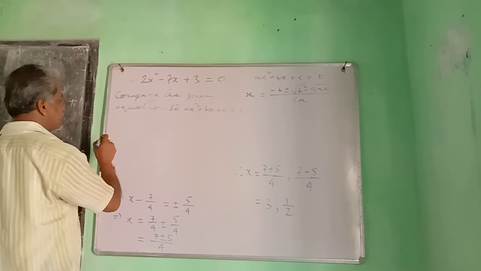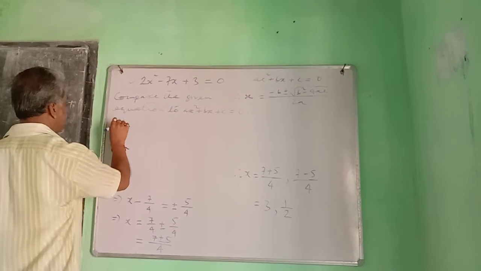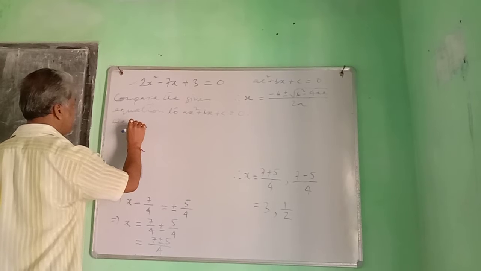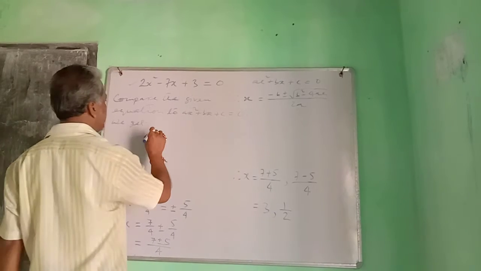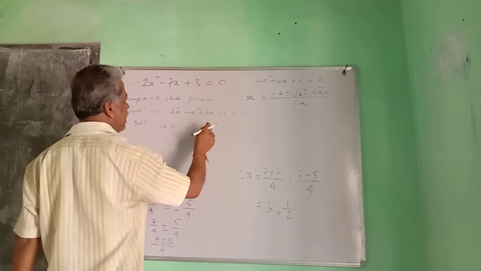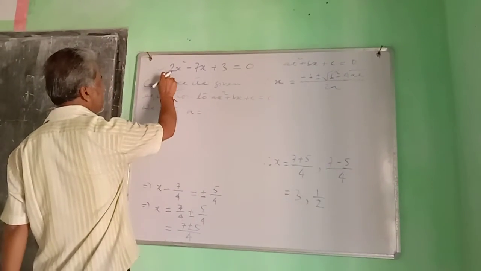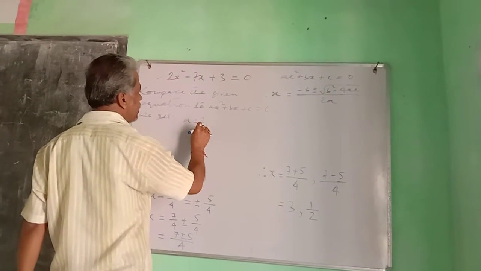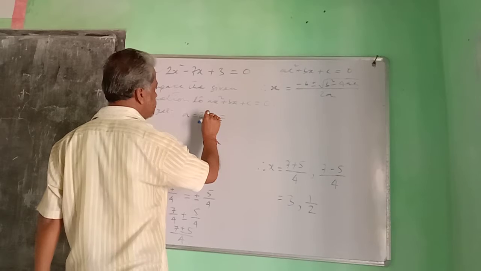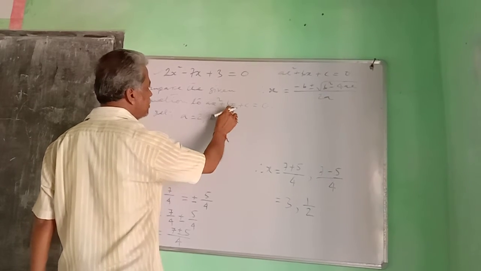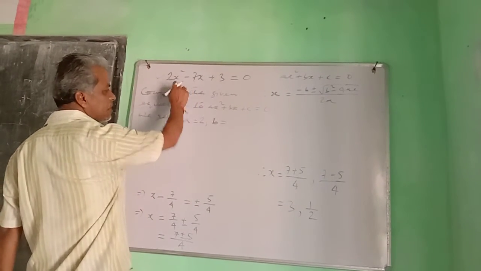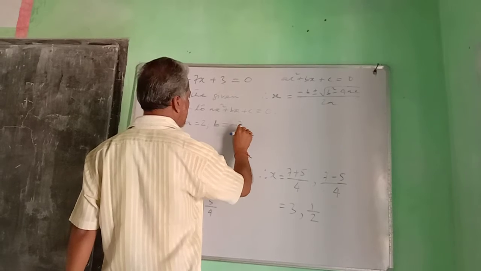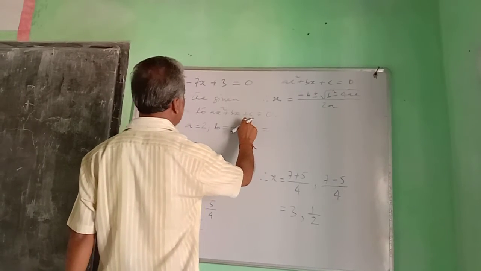So what we get? We get a, the coefficient of x square, is 2. B, the coefficient of x, is minus 7. And the constant c is 3.